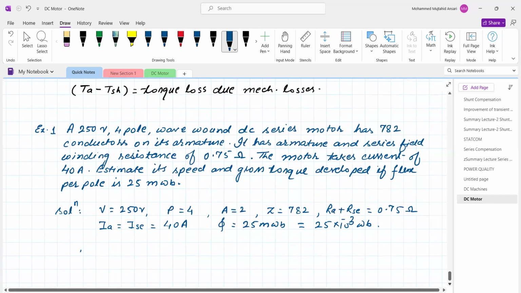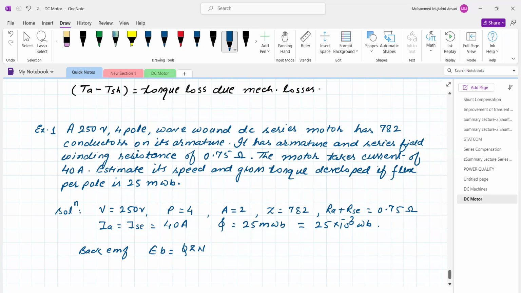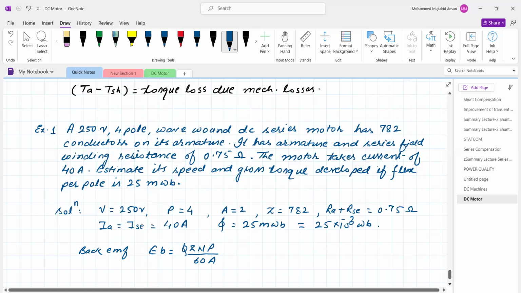We know that back EMF EB is equal to phi Z n P upon 60A. If you put the values for this, we are able to calculate the back EMF. But as we don't know the value of speed, it is not possible to calculate the back EMF this way.